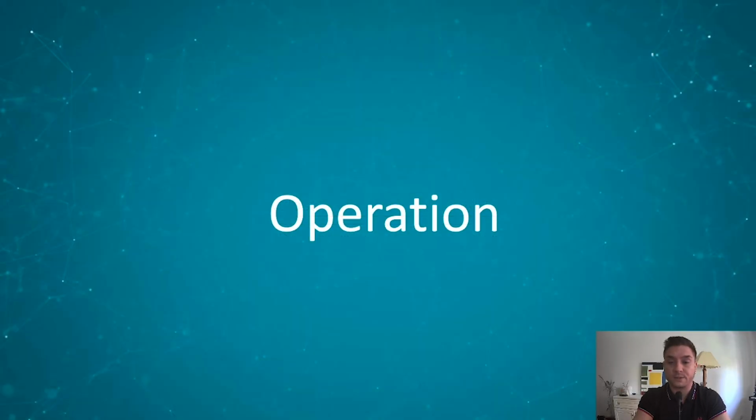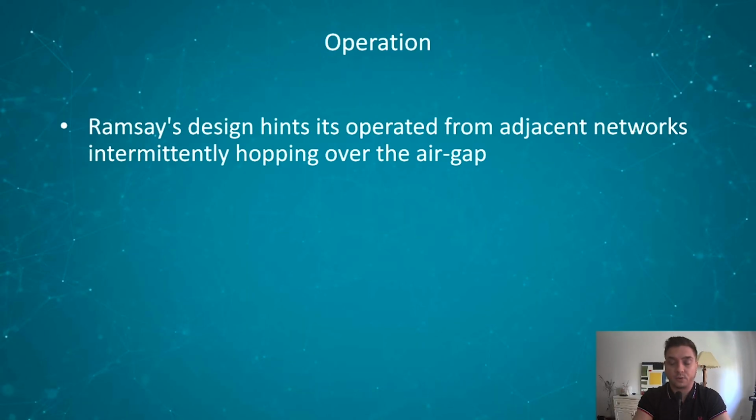So now we're going to talk about Ramsay's operation. After we analyzed Ramsay, we concluded that the operators must be within the context of air-gapped networks, and Ramsay will intermittently hop over the air gap via removable drives.